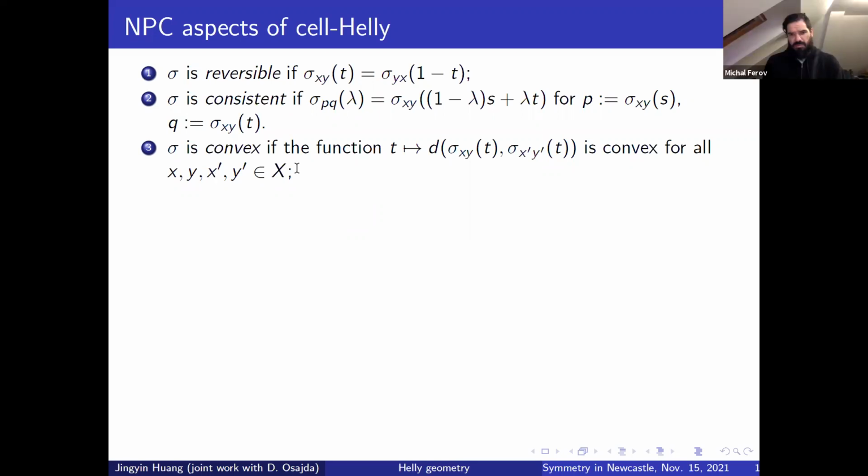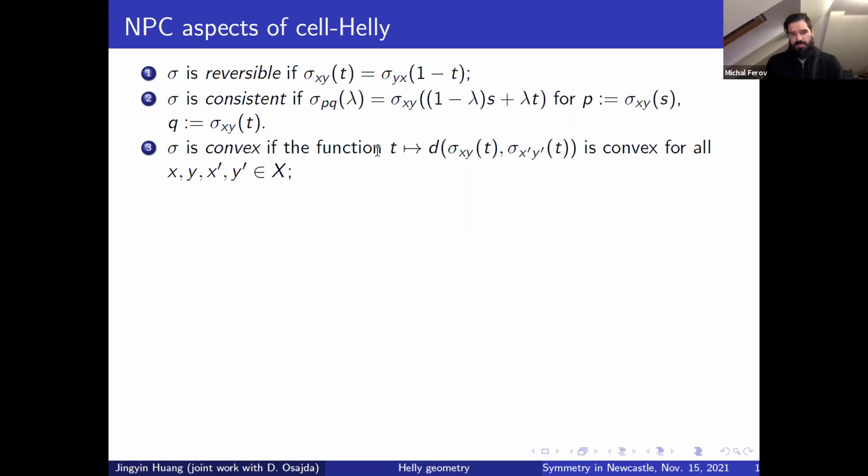If you have two geodesic segments in a CAT(0) space and you move along these two geodesics, this function is also going to be convex. This is a way of saying that your distance function has some version of convexity. So that's one way of saying nonpositive curvature.